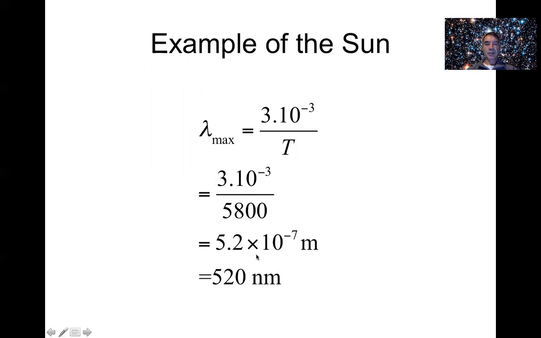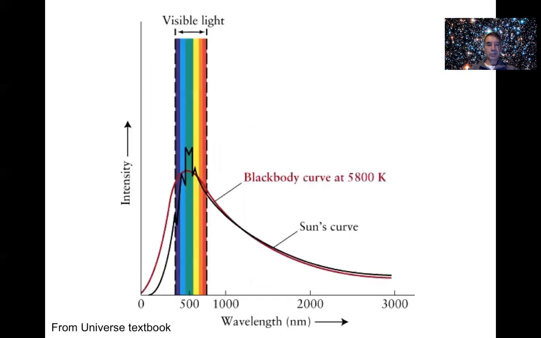And if we put that in the traditional units used for optical wavelengths, nanometers, then that's 520 nanometers. And so obviously that's exactly what we were just seeing. The peak of the sun here is just over 500 nanometers in the middle of the optical spectrum. So that's Wien's displacement law in action.